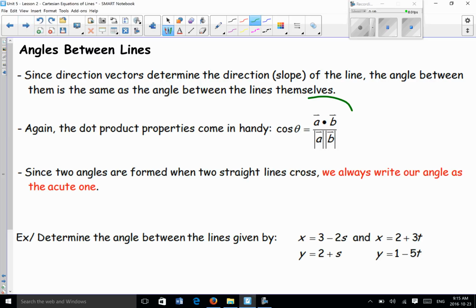Our dot product rule was cos theta equals A dot B over the magnitude of A times the magnitude of B. If I use that formula and use my directions, I can very quickly figure out the angle that the two lines meet at. Okay, and remember, we always use the acute angle. So if you get an answer of 150 degrees, we would take the idea of 30 degrees.